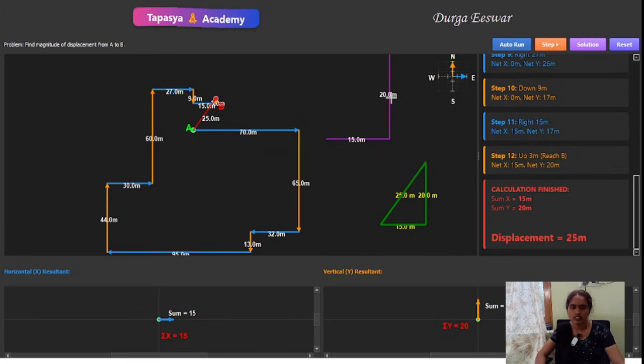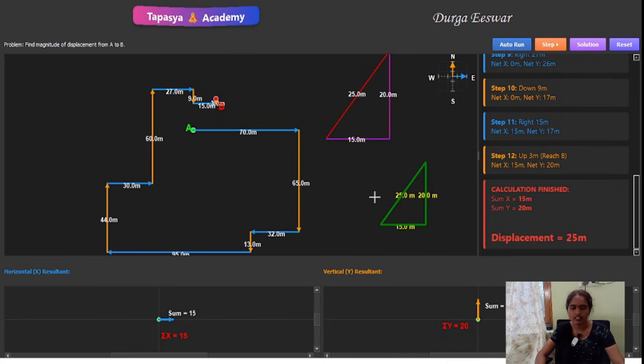They form two perpendicular sides of a triangle. The displacement is the shortest distance, the straight line motion from A to B. The straight line becomes the hypotenuse of the triangle. It forms a right angle triangle.